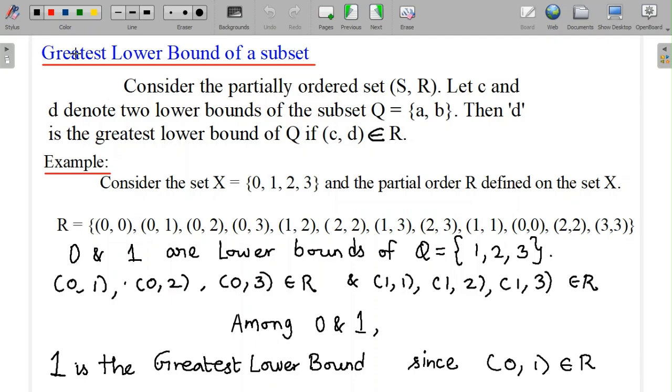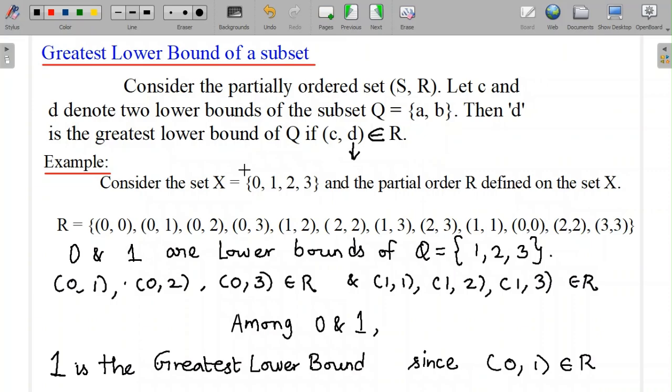So when C and D are lower bounds, then we call D the greatest lower bound if D is on the right. So amongst these two, D is greater. D is on the right, and therefore D gets called the greatest of all the lower bounds here.